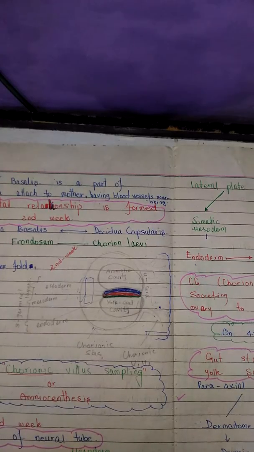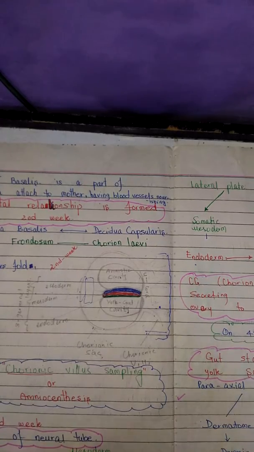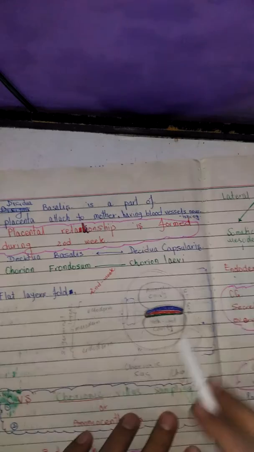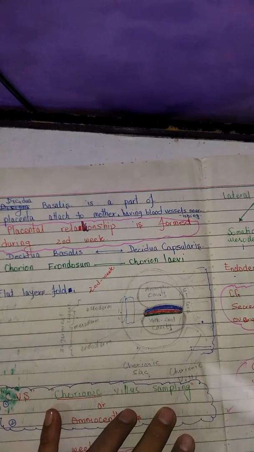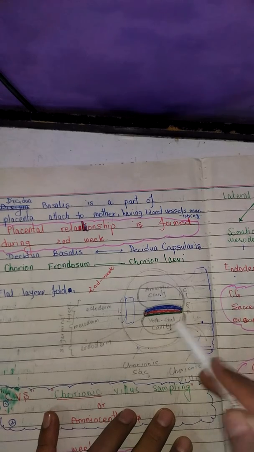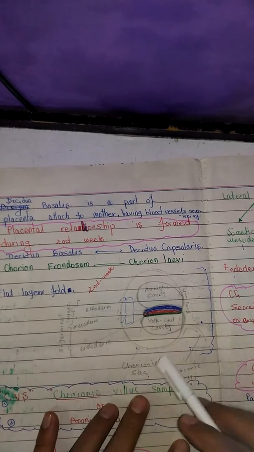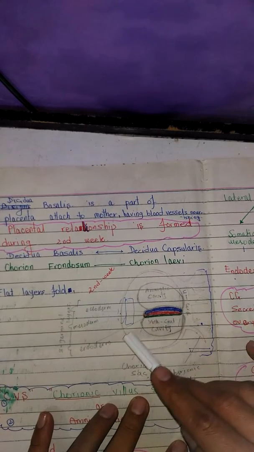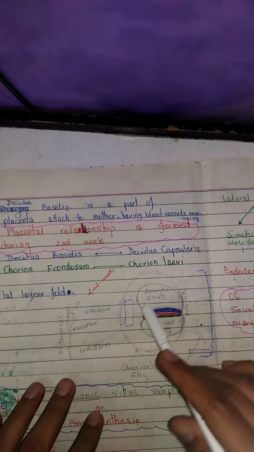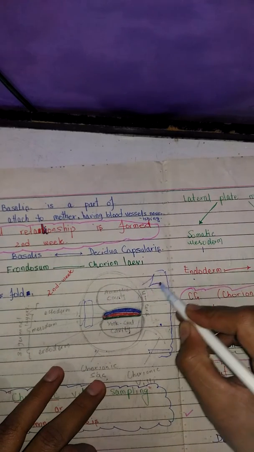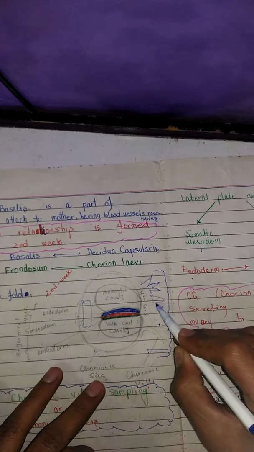The inner layer is called endoderm, and between these 2 layers there is a layer called mesoderm. So there are 3 layers here. This is the amniotic sac, this is the yolk sac or gut, and this is a space between the chorionic sac and these structures. These are the coming villi.